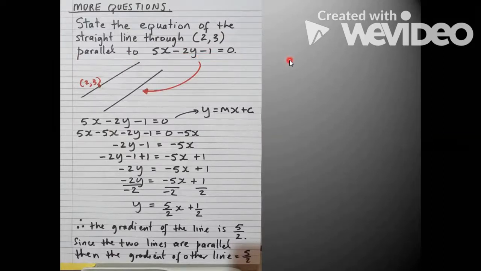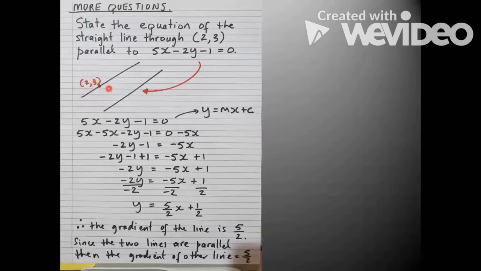All right, so what we have here, we have two lines. And on one of the lines, we have the point (2, 3).